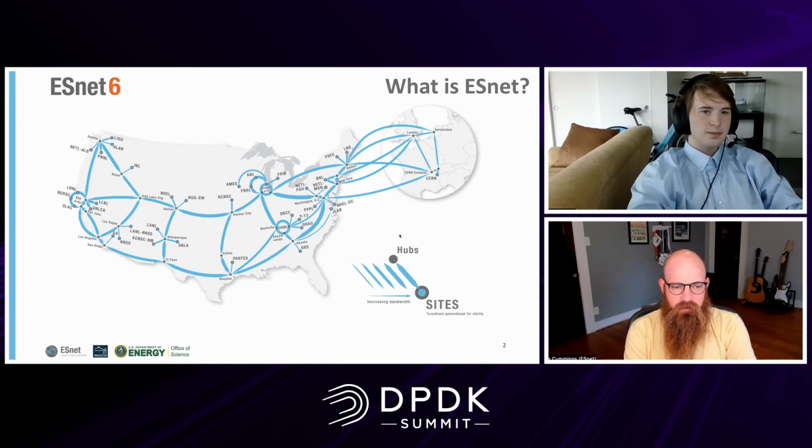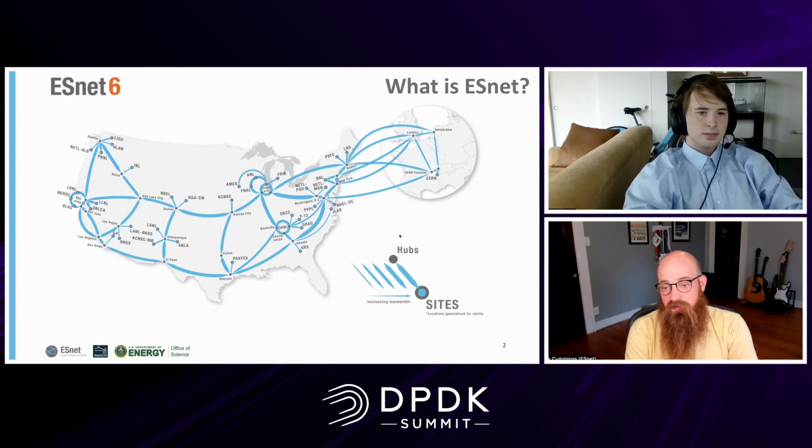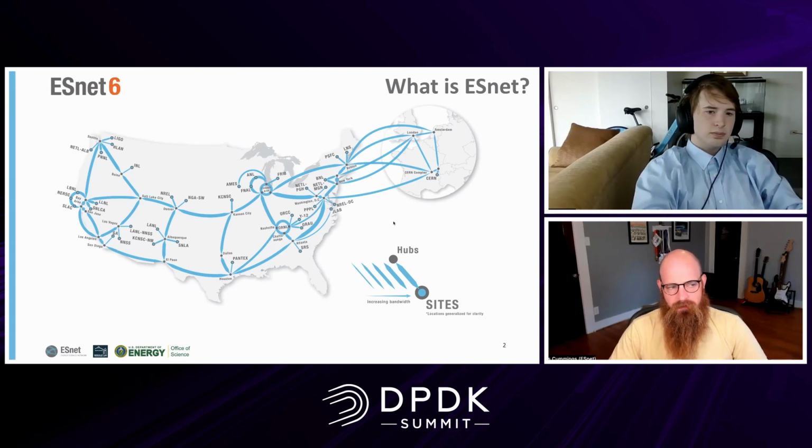Essentially we run a really big internet provider style network that allows science data to flow. And we'll talk a little bit about why science data on a network of this size has some unique traffic implications around how that traffic is used.